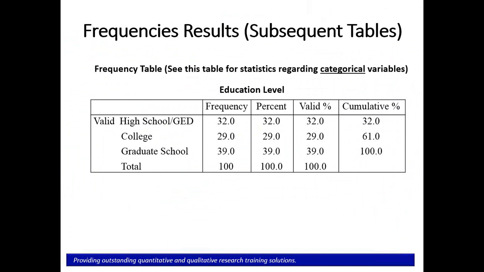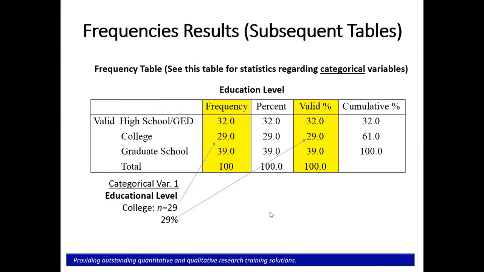And then we have our categorical variables, such as, again, education level. We want to look at the columns for frequency and valid percent. So for example, college, the frequency is 29. There's 29 study participants at the college level, and that's valid percent, 29% of our sample.